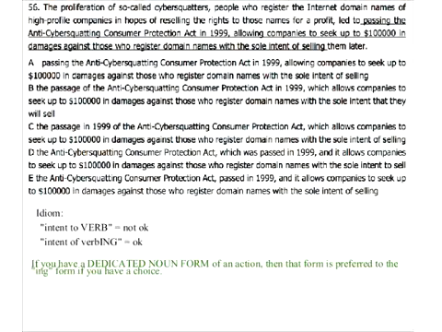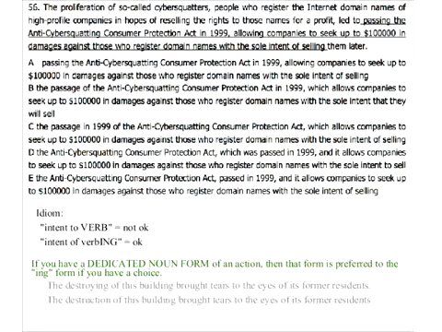So for instance, if you say something like, "The destroying of this building brought tears to the eyes of its former residents," this would be compared to "destruction." Destruction is better. So this is not as good, and this is better.